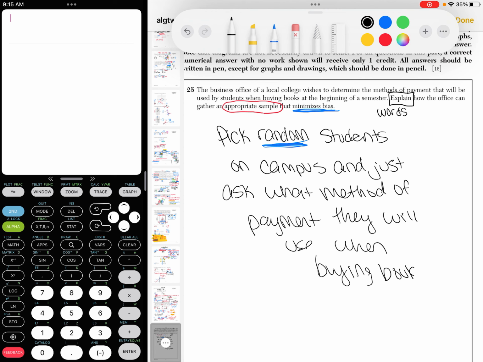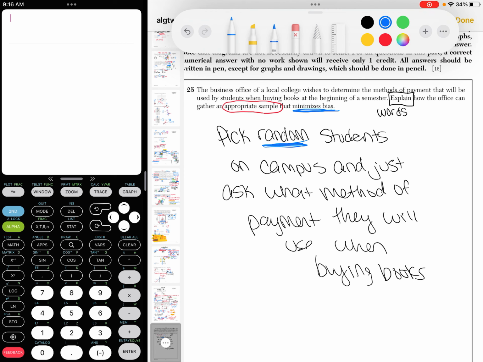So again, like I said, there's a lot of freedom with this answer. That's just a very vague sample. You could maybe give a survey to random students electronically, asking them what method of payment they will use when buying books. You can, as long as you say that word random and you try to steer clear of separating to just a certain group.